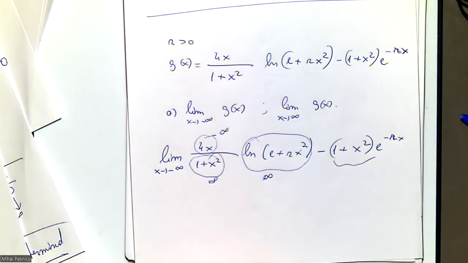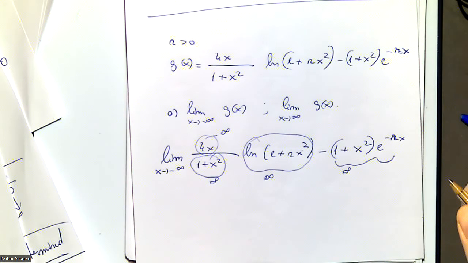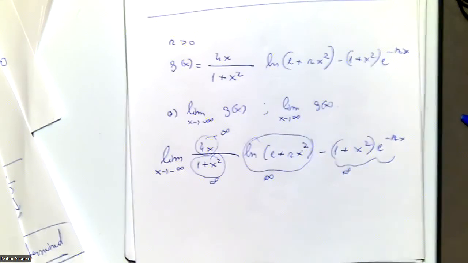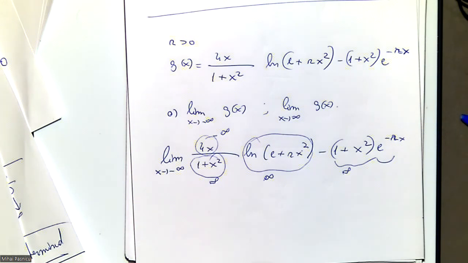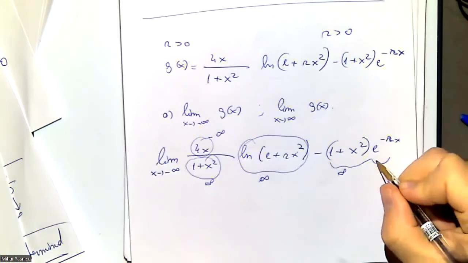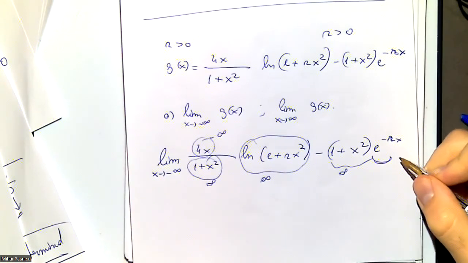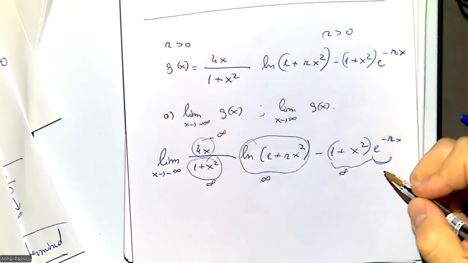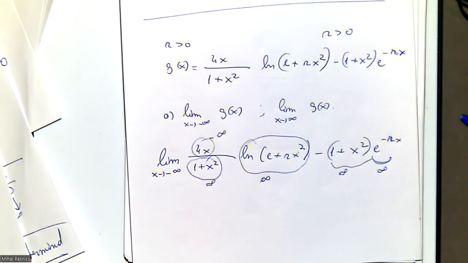This thing goes to infinity. And now this thing, r is positive. I think it says that r is positive, right? Yeah, r is positive. Okay. So this e thing is e to the minus minus, so it's e to the plus infinity, which is infinity.